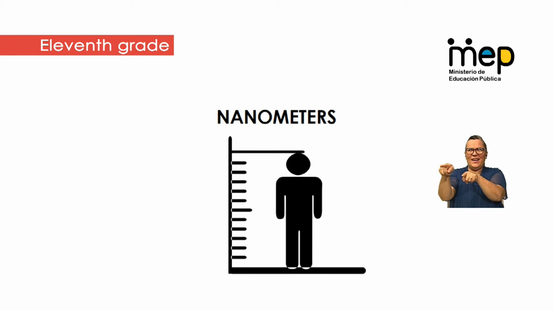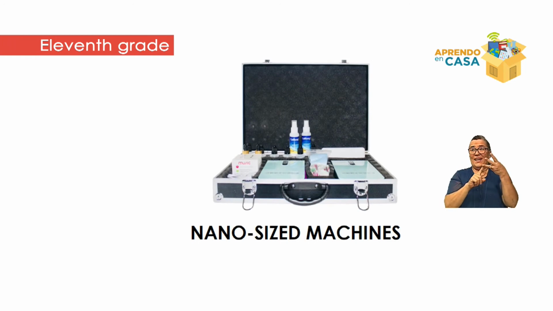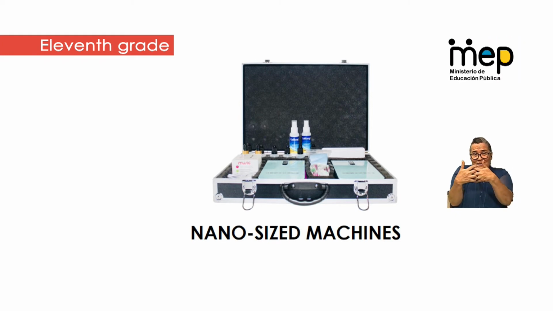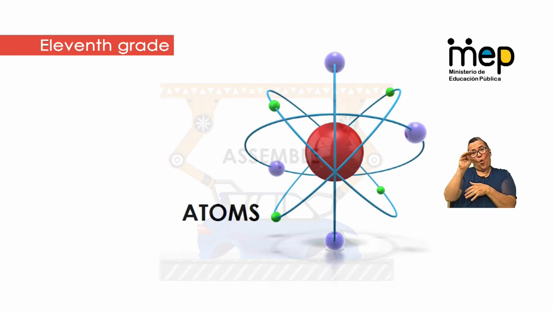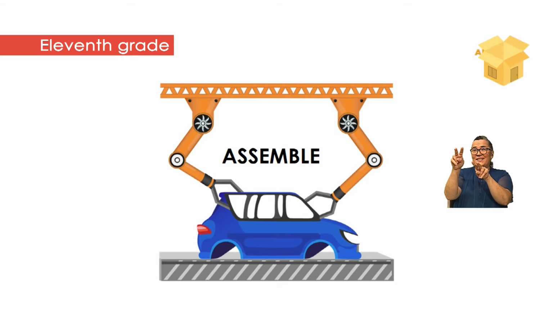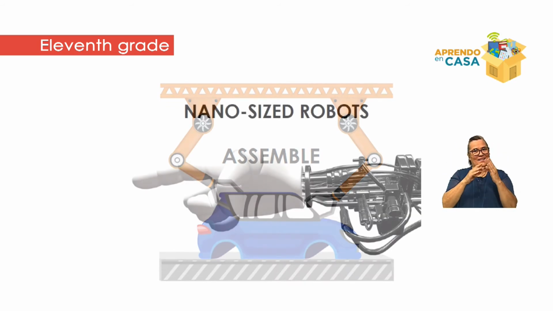Like the size of the nanos. Okay, number 3. Nano-sized machines. Nano-sized machines. Next. Atoms. Next. Assemble. Oh, it has to do with that. Interesting. Next one.